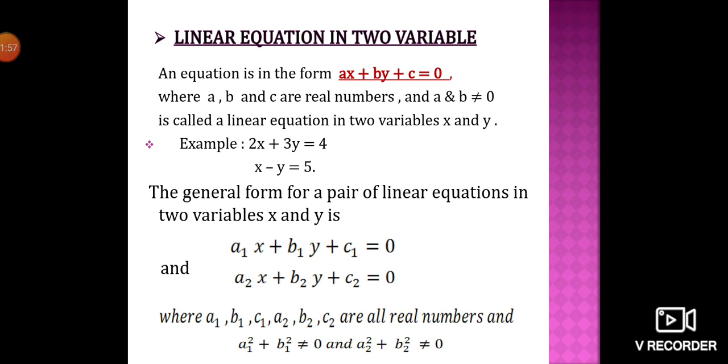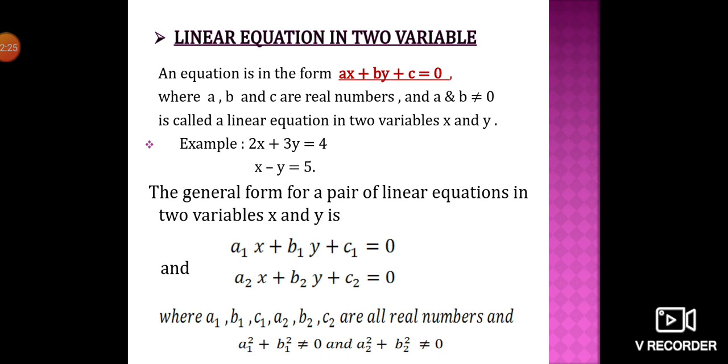Last year you studied the linear equation in one variable, which means only one variable will be there, that is x plus 2. Here two variables are there, remaining all are same: right side, left side, two quantities will be there, variable is there, constant is there. So here two variables are there, that is 2x plus 3y is equal to 4. Another example, x minus y is equal to 5.